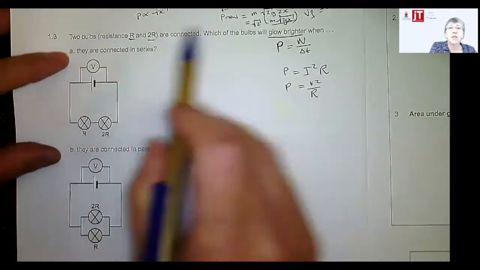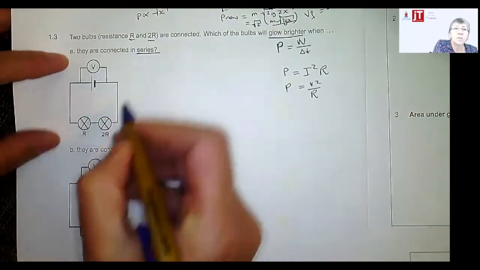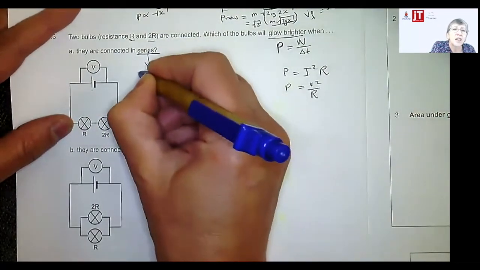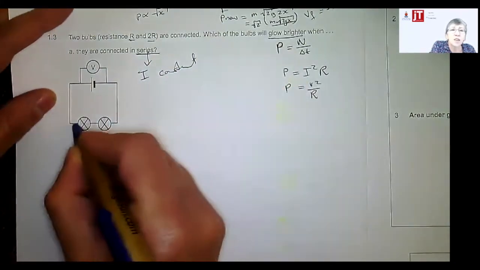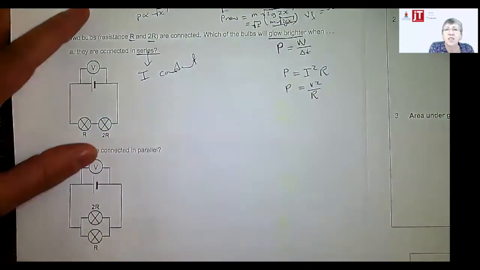Now let's look at the first one. They ask which one is brighter when they are connected in series. Now, what do we know when they're in series? When they're in series, current is constant, right? The same current, if there's 3 amps flowing through this one, that will be 3 amps as well. The current is the constant.